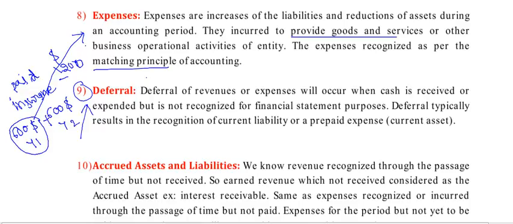That is cash paid, expended, but not recognized as an expense for this financial year, as it is related to year 2. Deferral typically results in the recognition of a current liability or prepaid expenses, so current assets. So the year 2 600 in our example is our prepaid insurance expense.